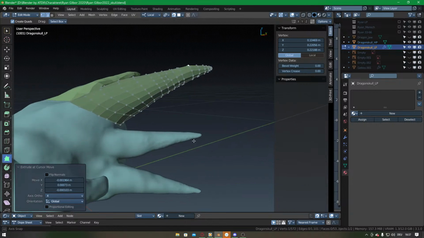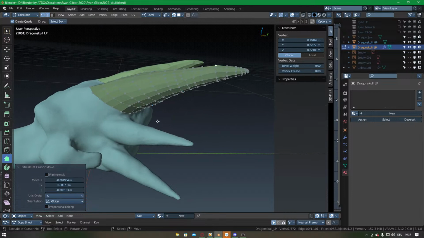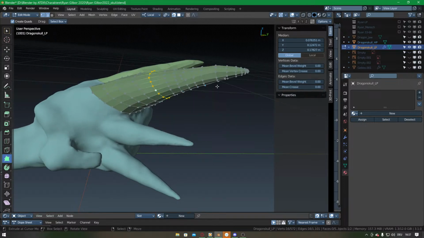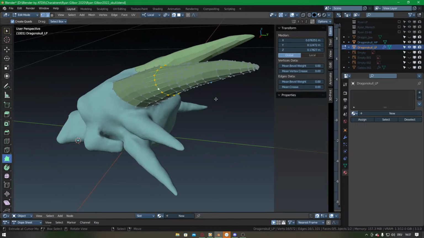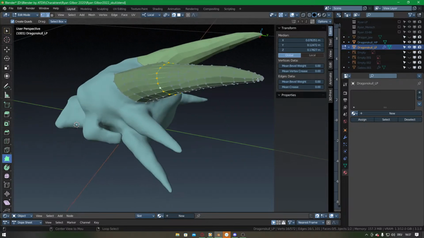Alright, let's see, how long is this? Okay, so until here. Fifth. This one?